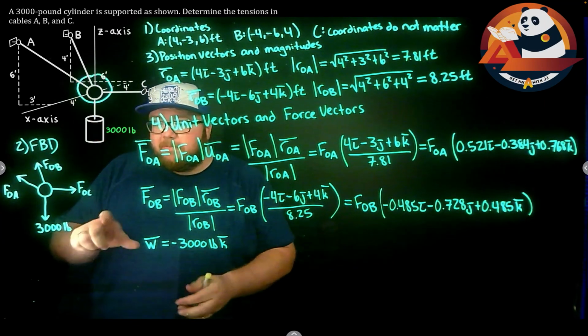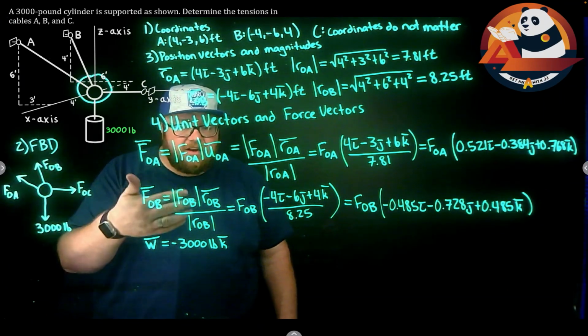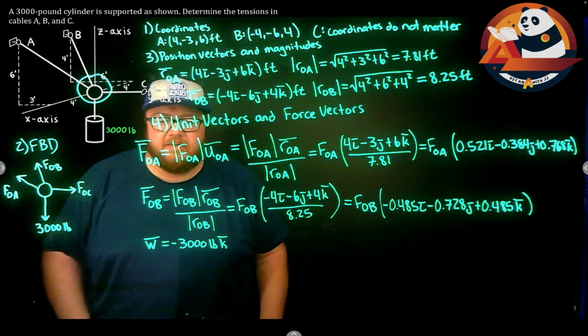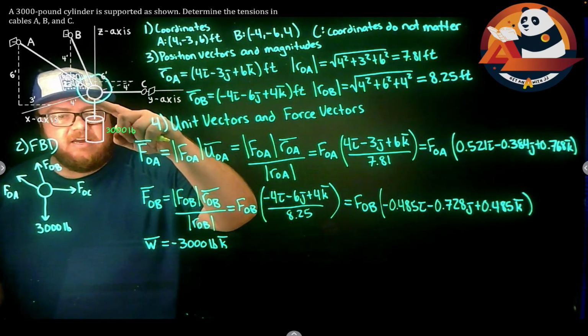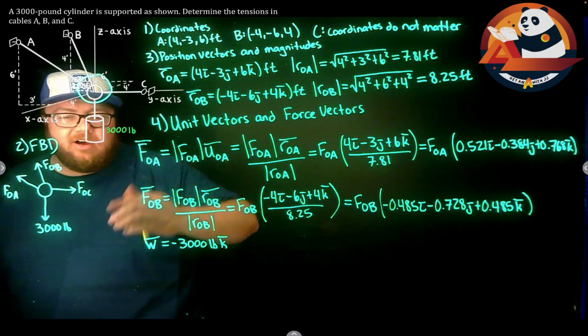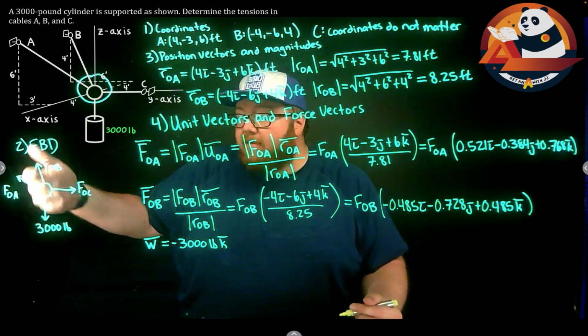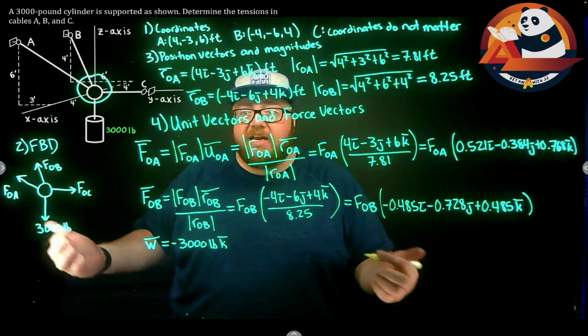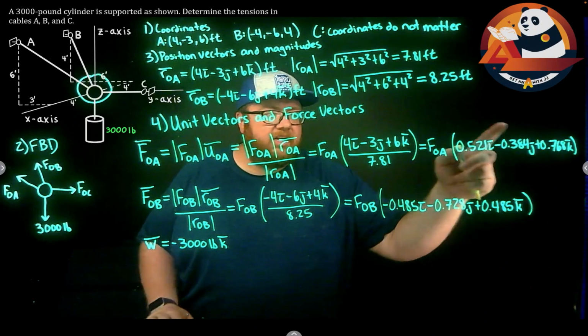That logic should apply exactly to FOC as well in here. FOC is entirely in the Y direction. It doesn't matter where it's at. Just like it doesn't matter, is this cable 1 inch long? Is it a mile long? Probably neither of those, but it's somewhere in there. The coordinate doesn't matter because it's just straight up and down. I only need the coordinates so I can get to my position vectors and their magnitudes, get a unit vector.